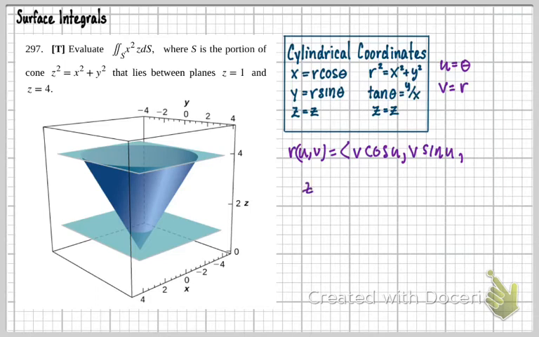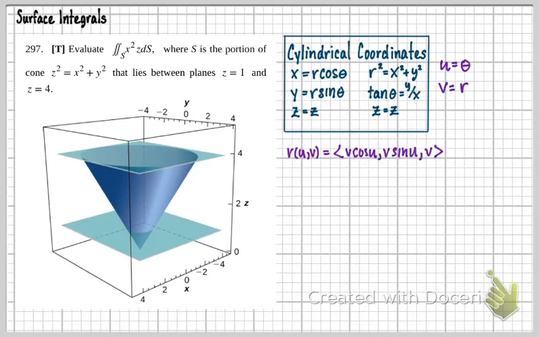That tells me z squared equals r squared. And remember, my v equals r, so it equals v squared. So really what I'm saying here is z squared equals v squared, so then z equals v. So my z is actually v here, and there is my r(u,v).